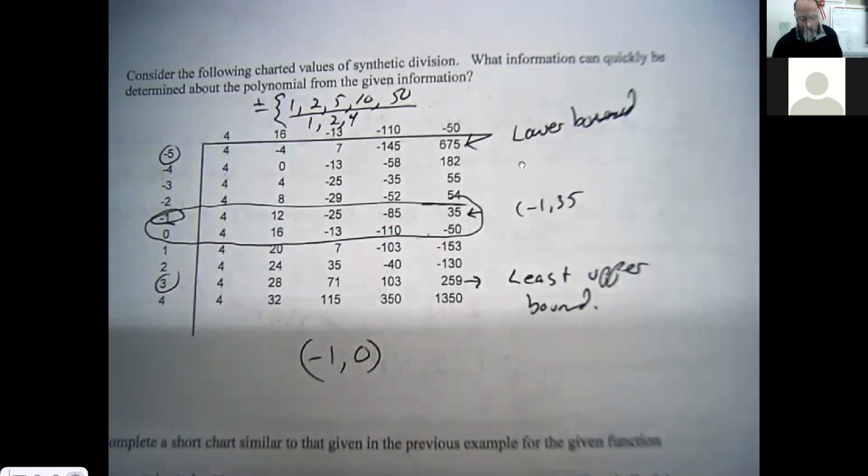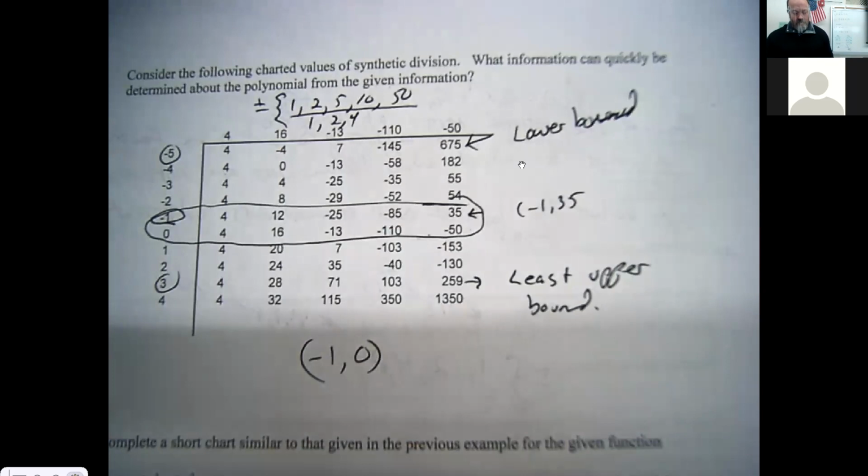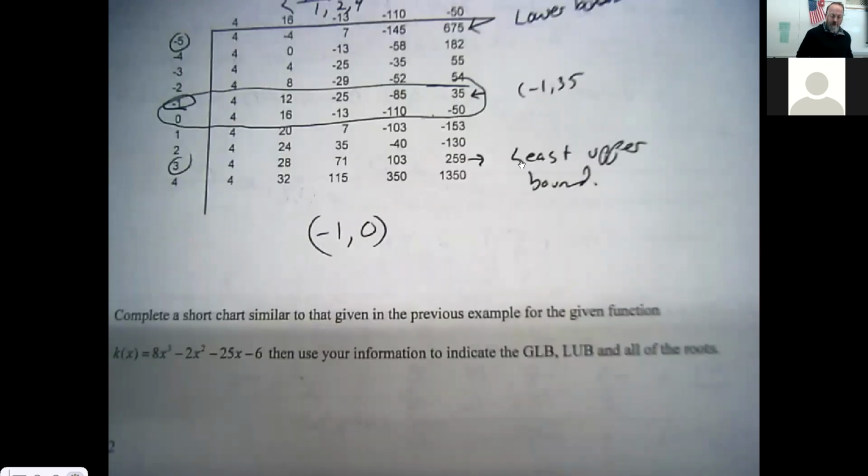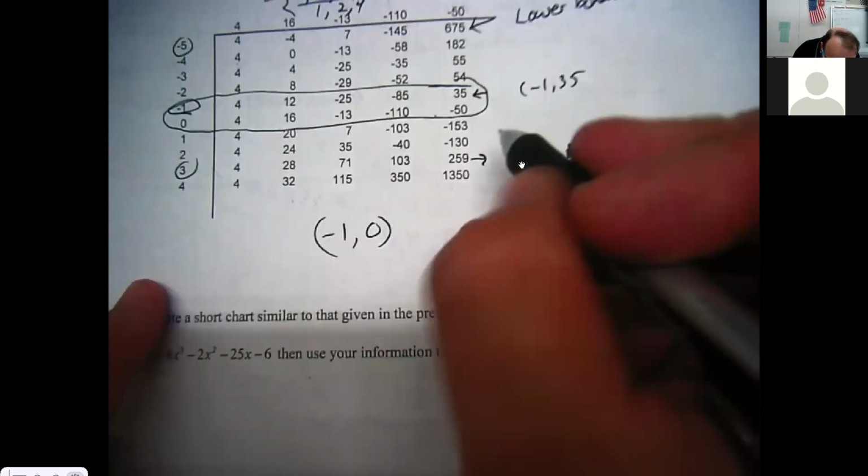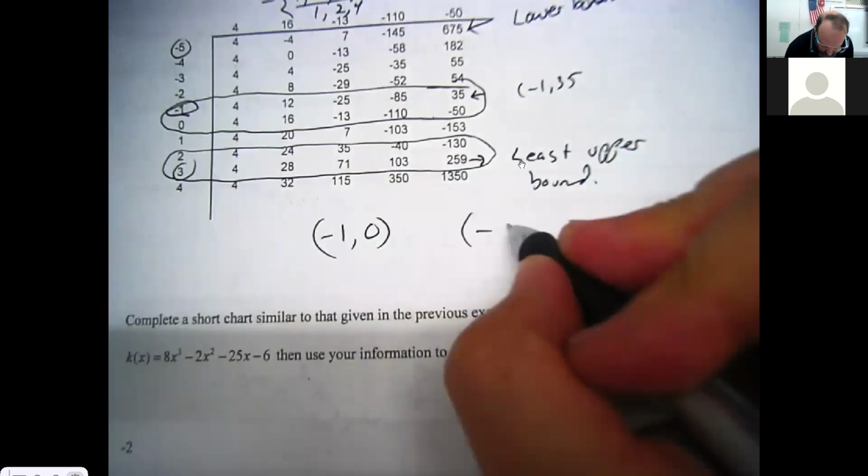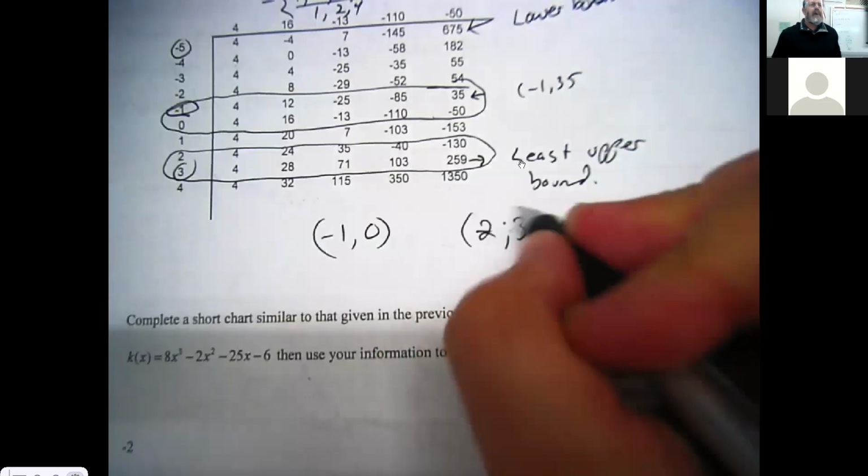Can you guys find another one that you can see where there had to be a root? Somewhere between 2 and 3. You see how it went from negative to positive right in there? Somewhere between 2 and 3. Now, by the way, go back and look at the list.